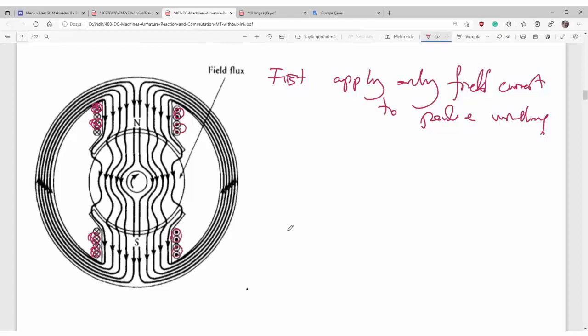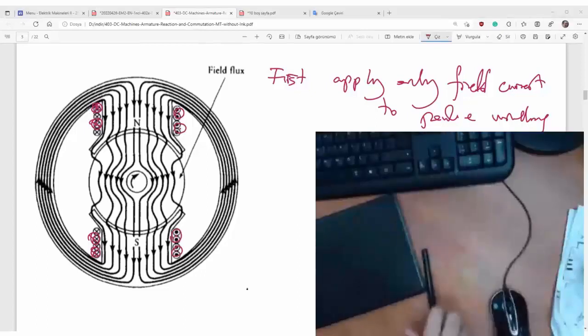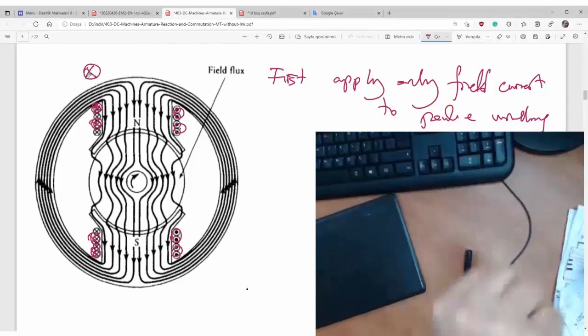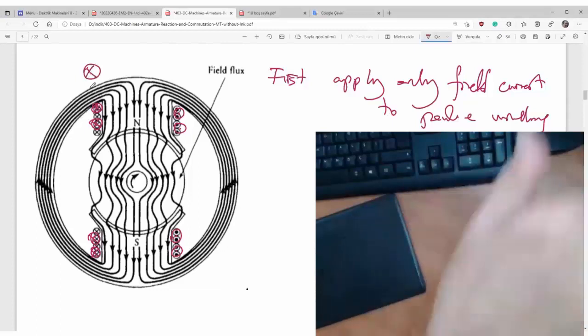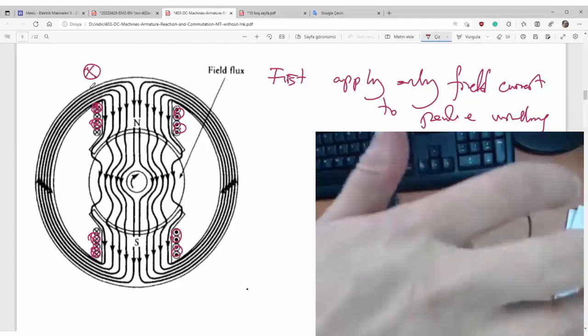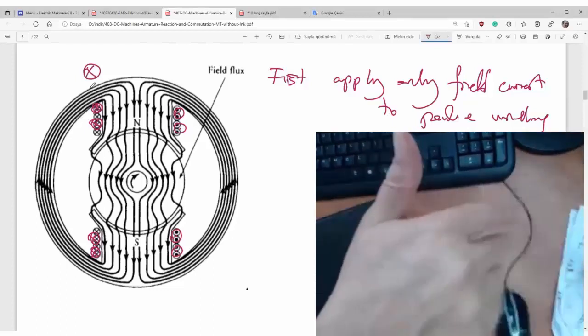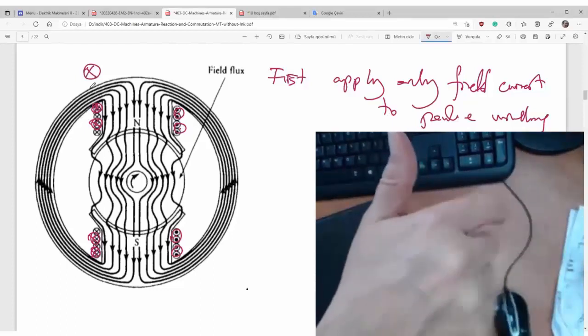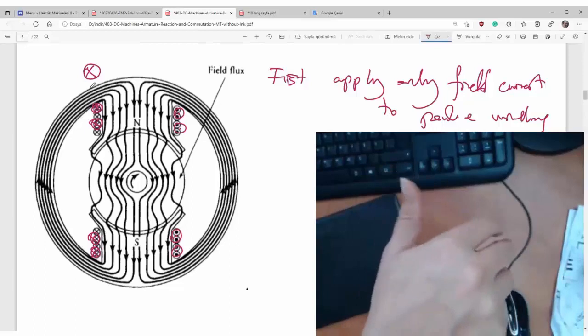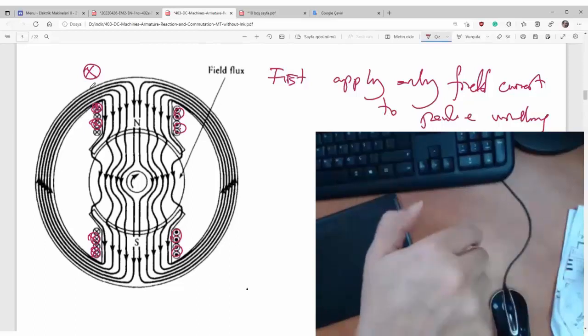Let me show my camera. I only examine this one here. Current is entering the screen by my right hand. The forefinger represents the magnetic field's direction. That is my right hand.